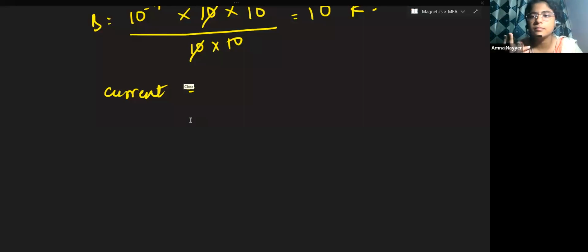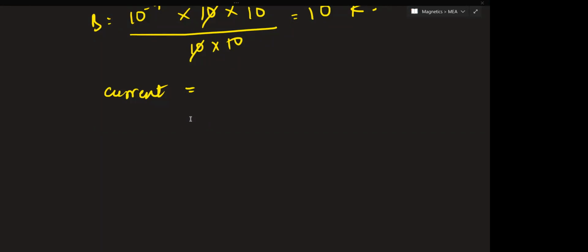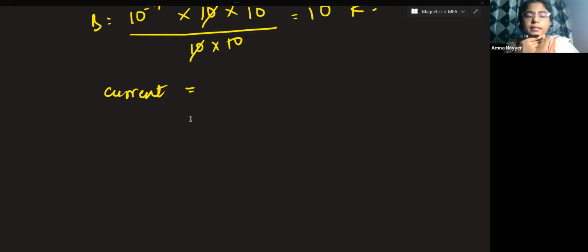Anyone else? Ma'am, what is the question again? Formula of current. What is the formula of current? If charge is given to you, what is the formula of it?